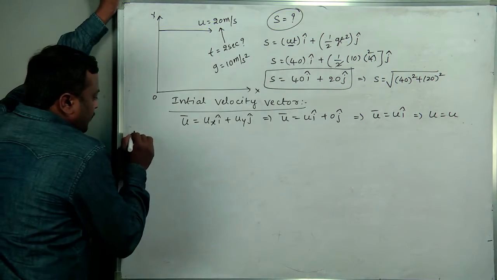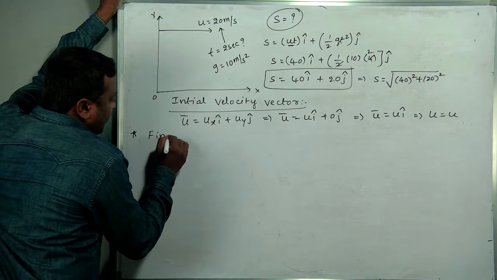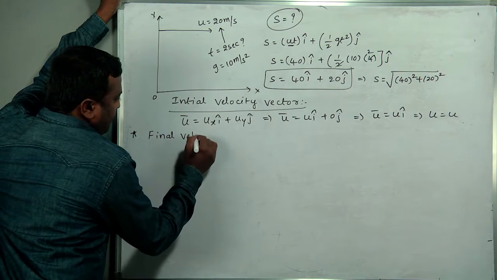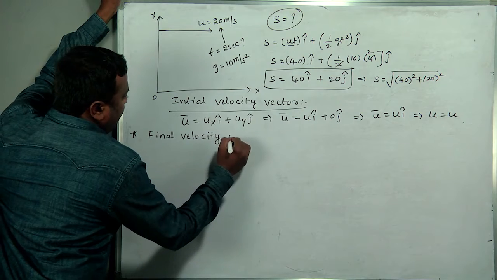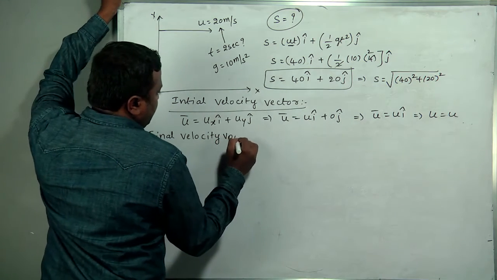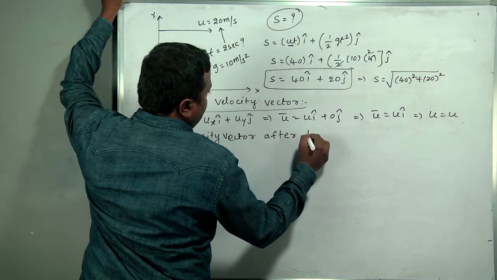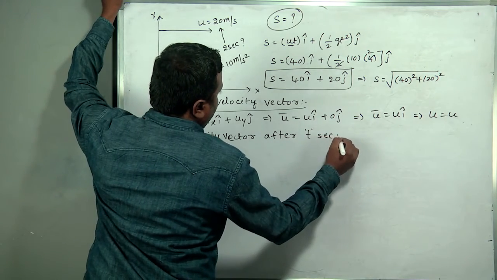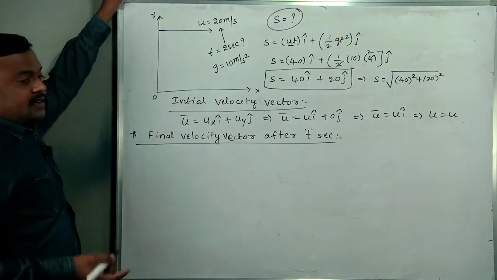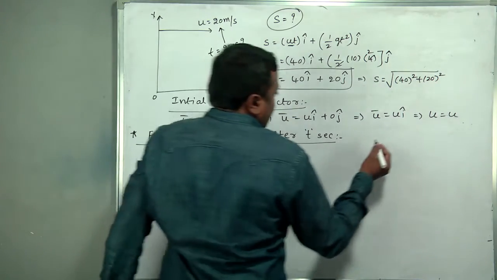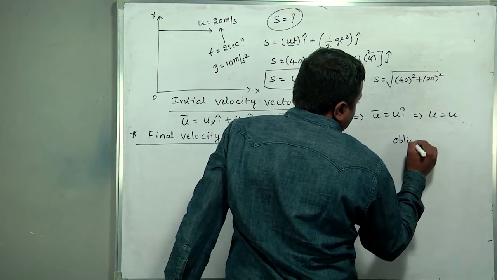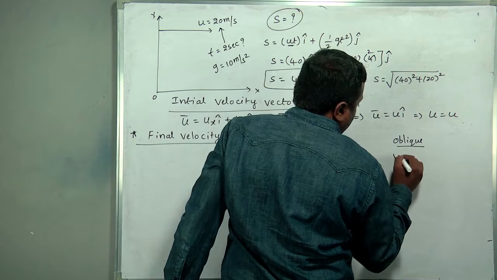And the next, very important, final velocity vector after t seconds. Go for oblique projectile. For oblique, final velocity vector after t seconds, what did we get?